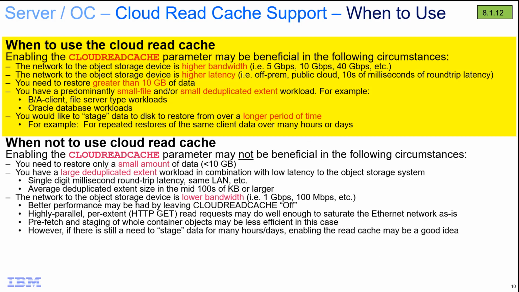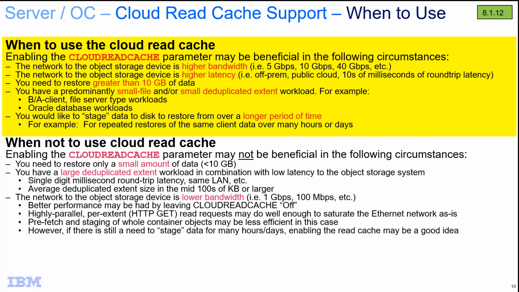This cloud read cache is going to be beneficial if you haven't networked to the object storage device with higher bandwidth, and if the network to the object storage has a higher latency. Likewise, if you need to restore greater than 10 gigabytes of data, you will also benefit from this read cache. And if you have a predominantly small file or small deduplicated extent workload.